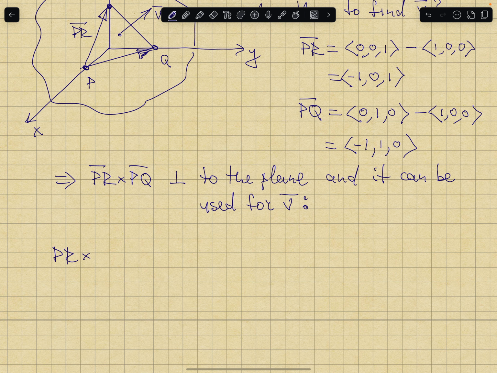PR cross PQ. This is i, j, k, minus 1, 0, 1, minus 1, 1, 0.